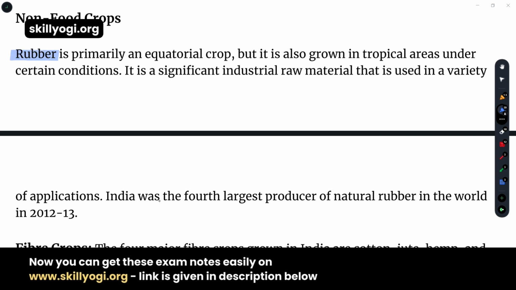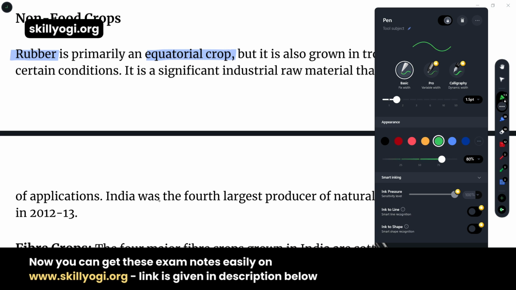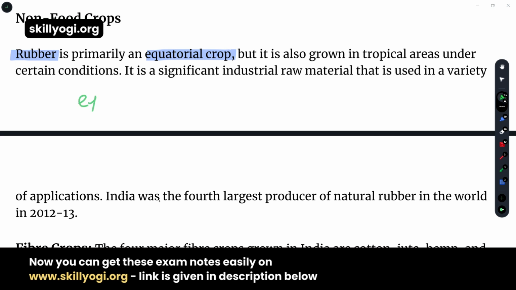Rubber is an equatorial crop. It is found in the equatorial vegetation area, that means equatorial evergreen forest.